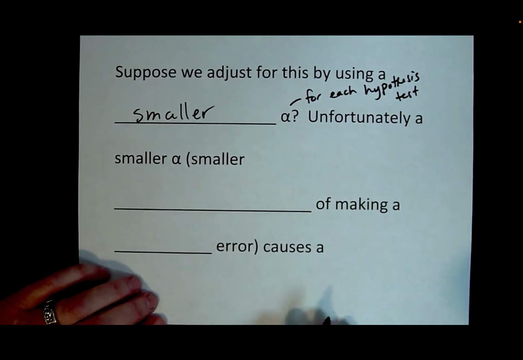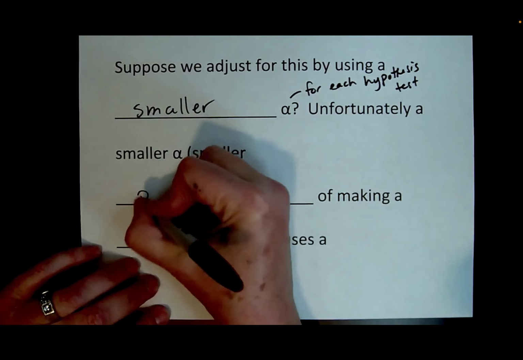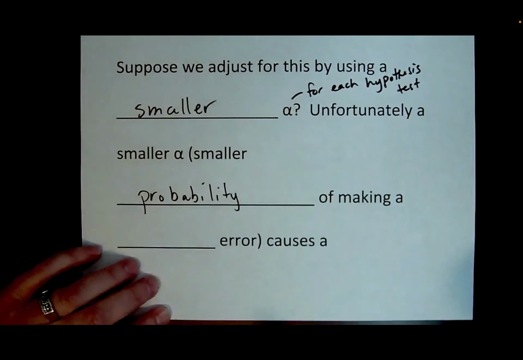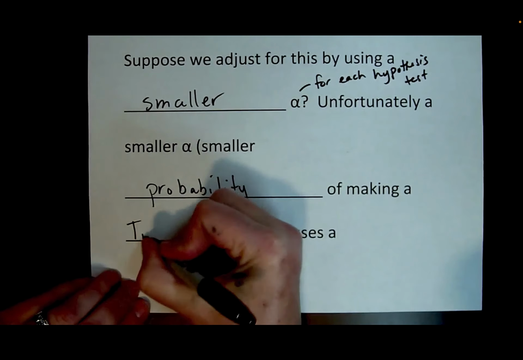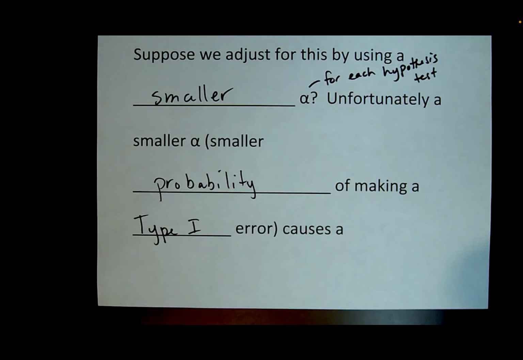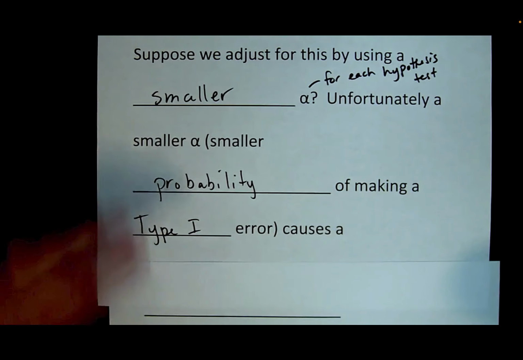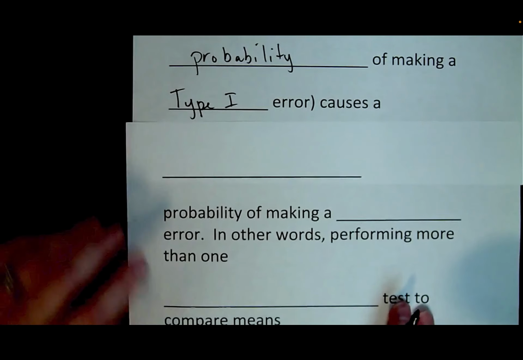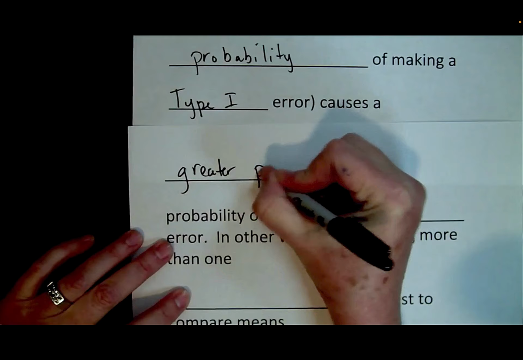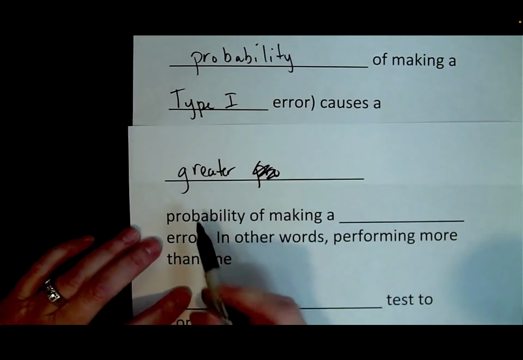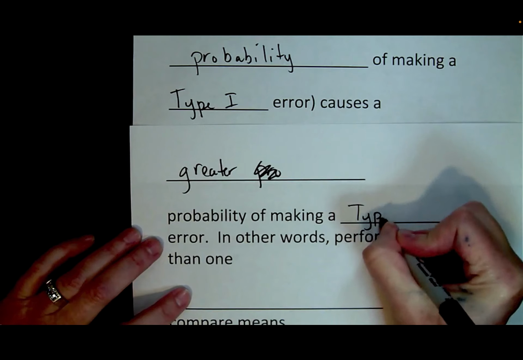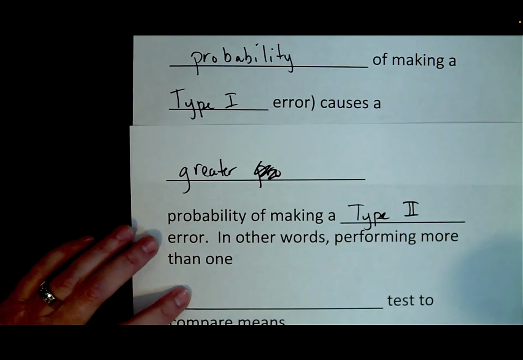Well, unfortunately, a smaller alpha, in other words, a smaller probability of making a type 1 error, causes a greater probability of making a type 2 error.